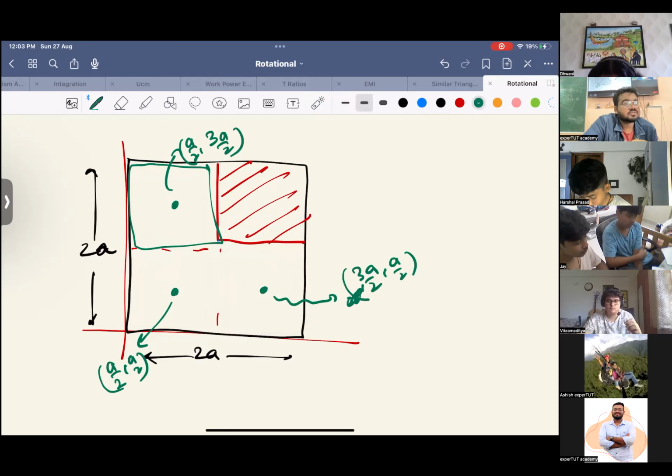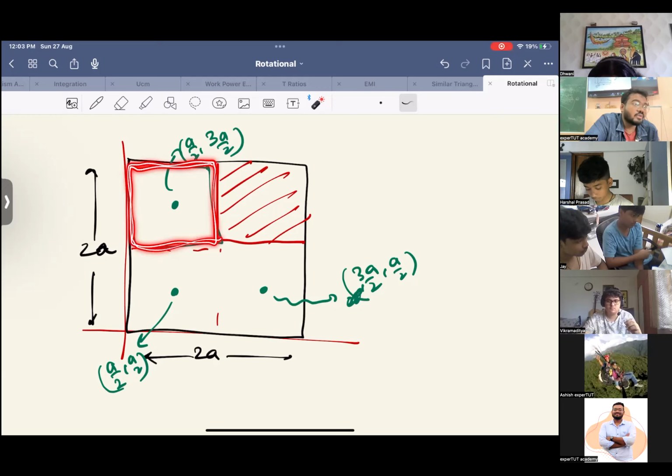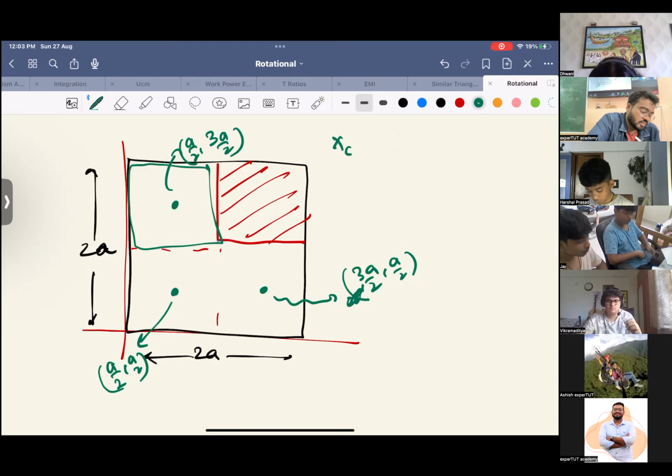Is everyone getting this? Now you can take this entire piece as mass m, and its center of mass is here. Suppose you are finding the x center of mass of the whole 3-block system: block 1, block 2, and block 3.